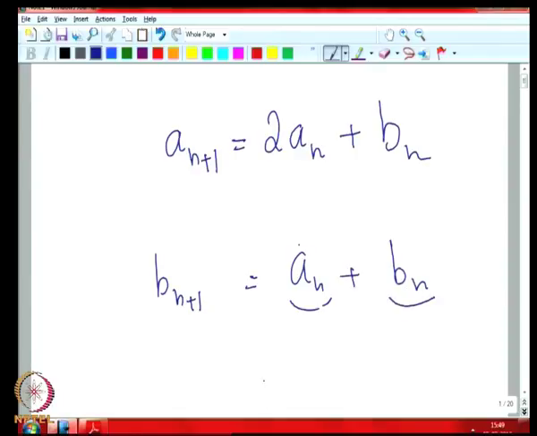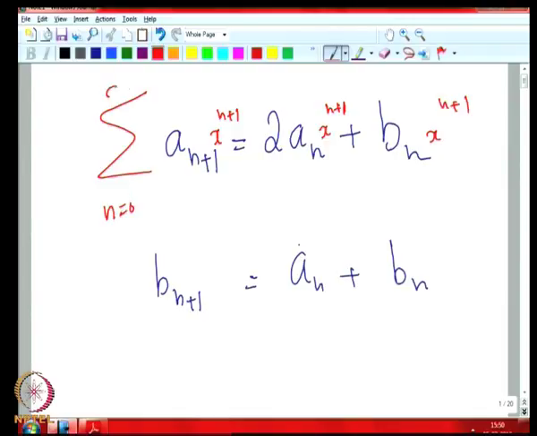Now, how do we solve this kind of recurrence relation? To illustrate that, we have taken this example. First we multiply this by x raised to n plus 1 everywhere, and then we sum from n equal to 0 to infinity.